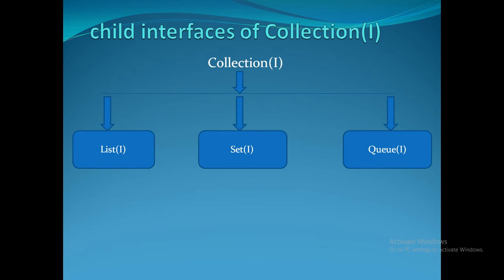Then in the list interface, what are the main features of the list interface? What makes it different from the set? What makes it different from the queue? So let's see the specific features we are going to use in a list.